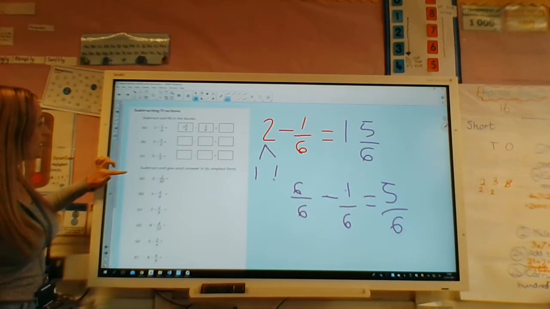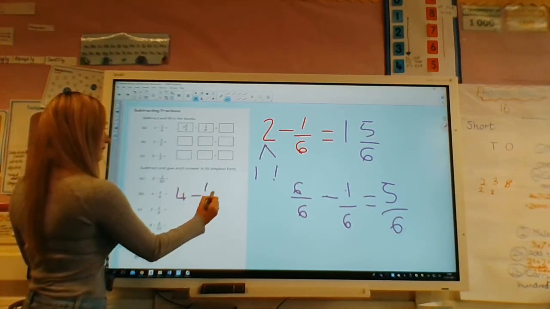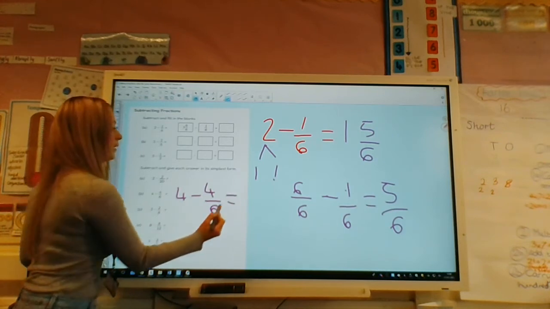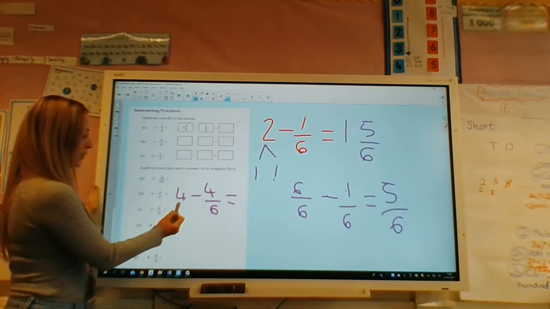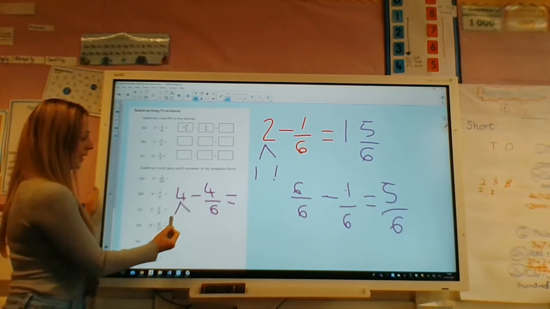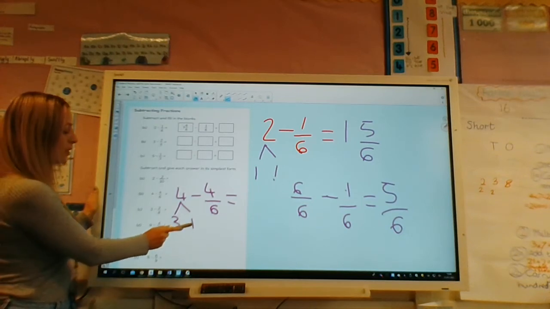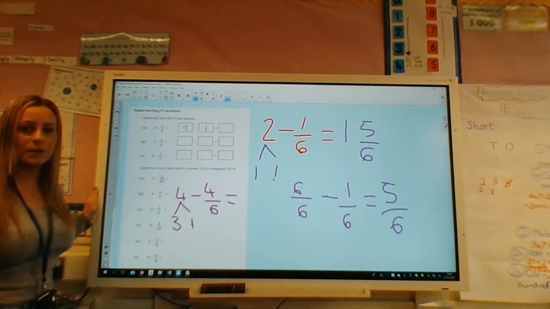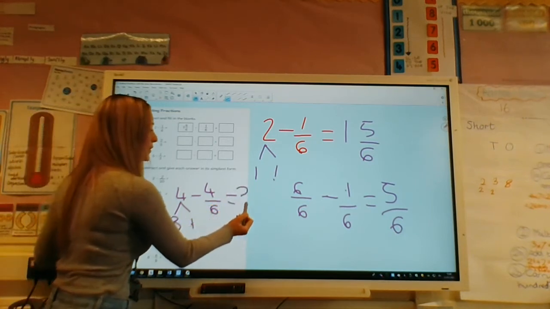So let's have a go at this one here. We've got 4 subtract 4 sixths. We can't subtract a fraction from a whole number. So we need to look at the whole number, which is 4, and we're going to partition it into 3 and 1. Always make sure you partition part of the number into 1, because the 1 is what you're going to convert into a fraction. So we'll keep the 3, we're not going to touch that.